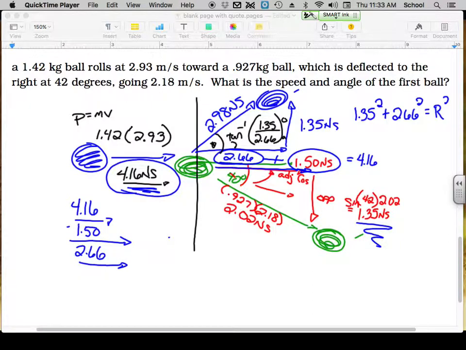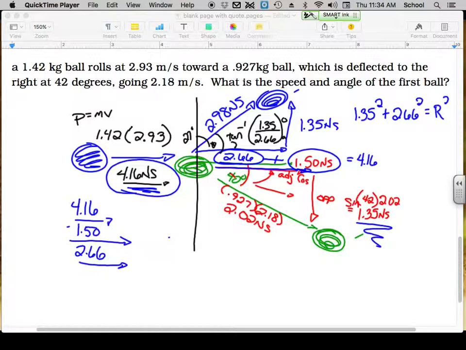We wouldn't use what's on the hypotenuse because tangent doesn't use hypotenuse. It only uses the opposite and adjacent. So you do that inside the parentheses that pops up when you hit the second tangent. And we find out that that turns out to be 27 degrees. So this angle in here is going to be 27 degrees.